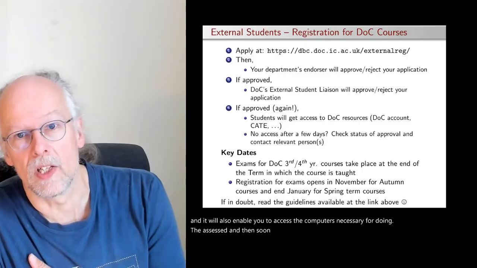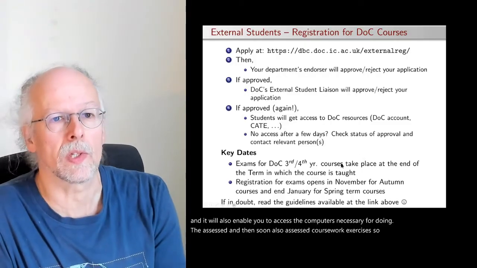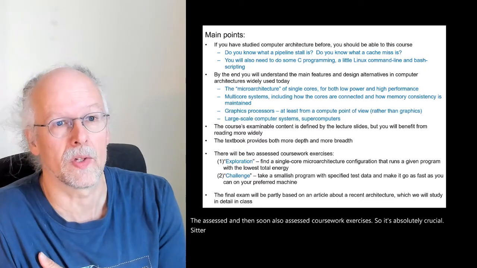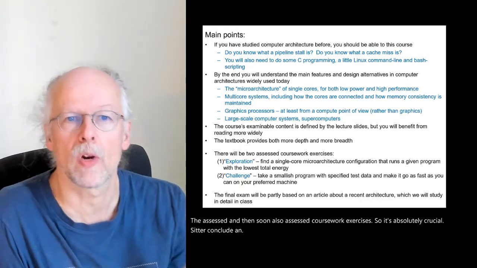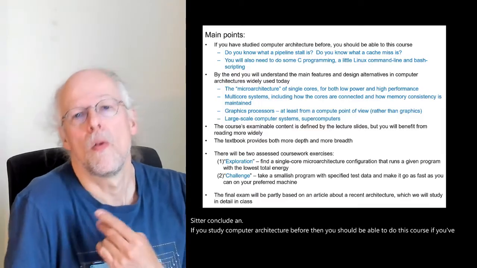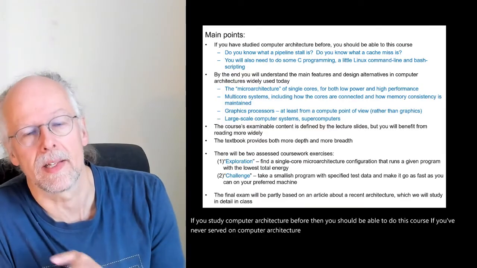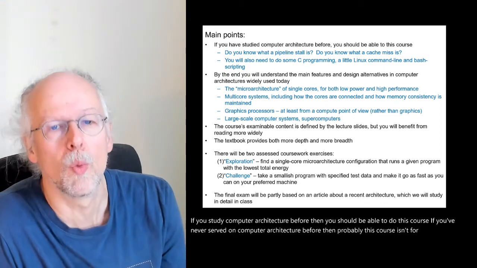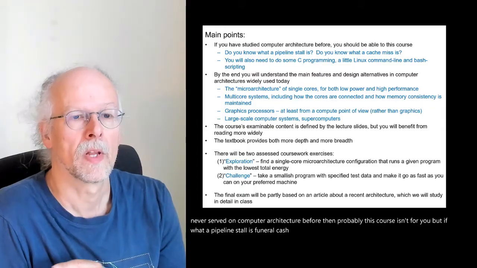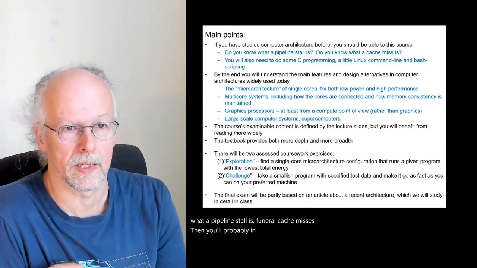So to conclude, if you studied computer architecture before, then you should be able to do this course. If you've never done computer architecture before, then probably this course isn't for you. But if you know what a pipeline stall is, if you know what a cache miss is, then you're probably in good shape, I think. You will need to do some work if you're not completely confident with these ideas.